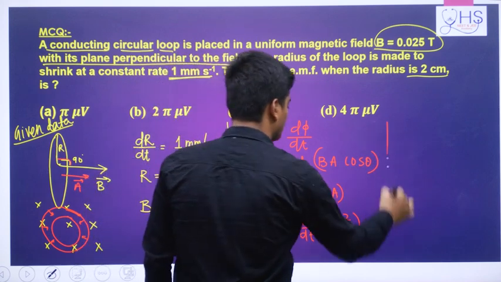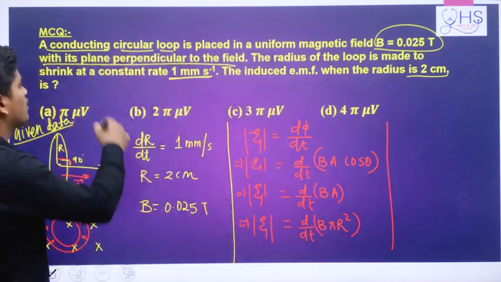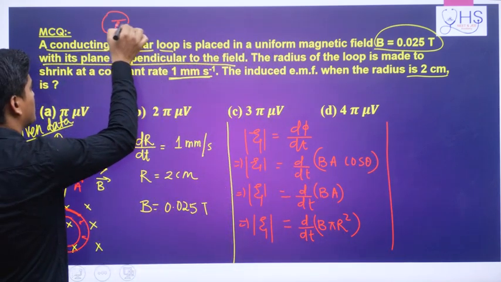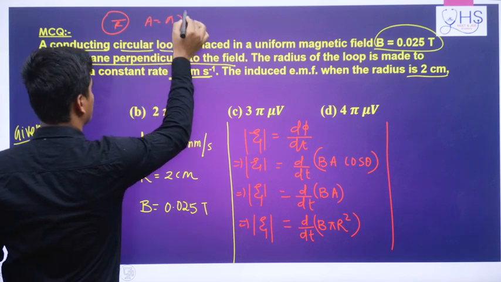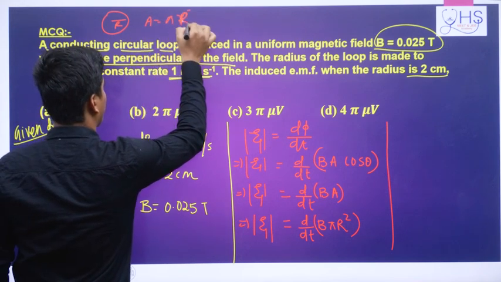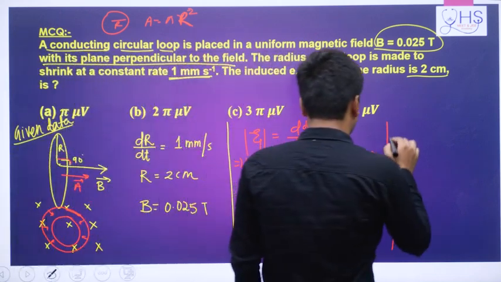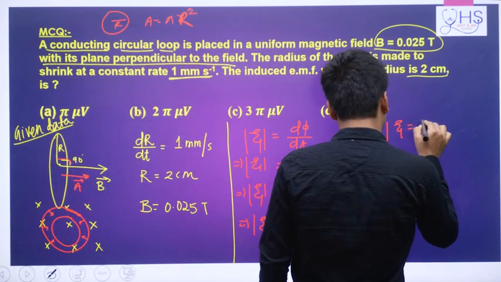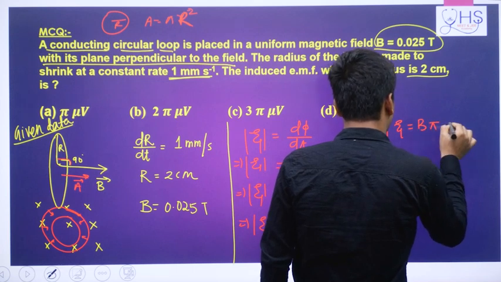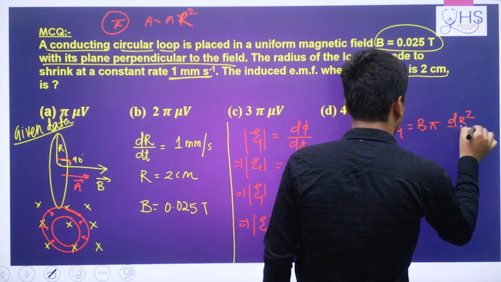Because it is a circular loop, as I already told, if the radius is r, then area equals pi r square. So instead of A, I will write pi capital R square, because R is the radius. Now in my EMF, B will come out, pi will come out, and it is d R square by dt.